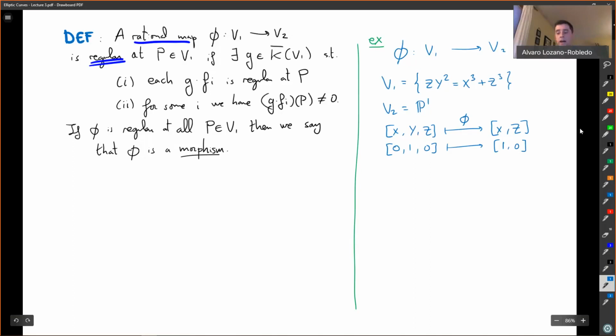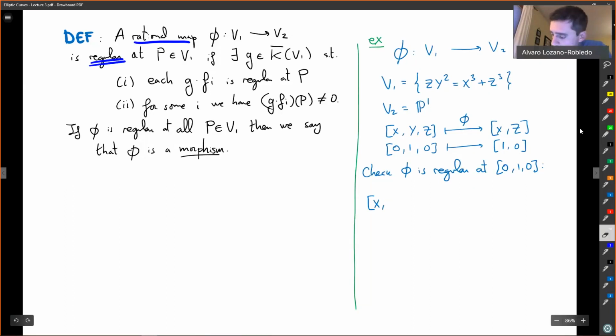And I want to check that this map is actually a morphism. I want to see that it's regular at 0, 1, 0. Okay, so from the definition of the map, the target is just xz.